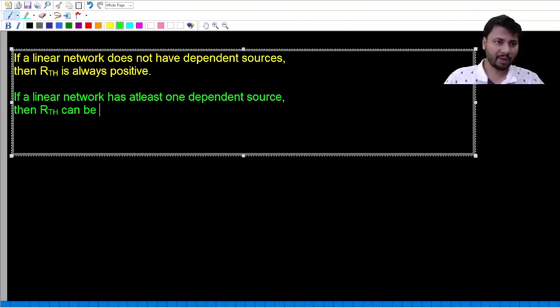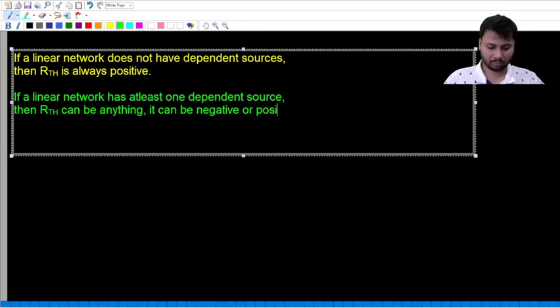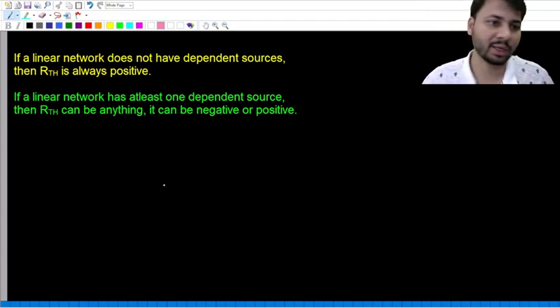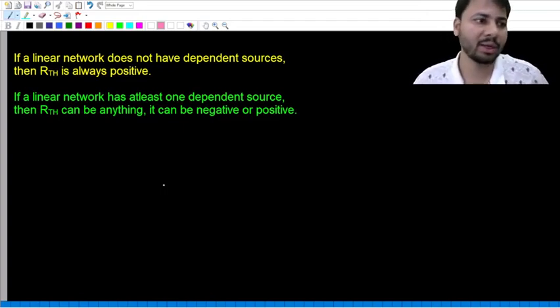Then RTH can be what? Anything. It can be negative as well, or it can be negative or positive. I hope you get the point. Okay, no dependent sources, RTH always positive. If there is at least one dependent source, then it is possible for RTH to become what? Negative. Okay.